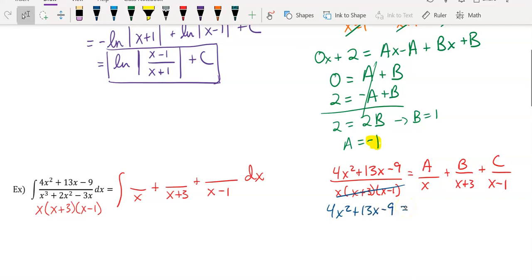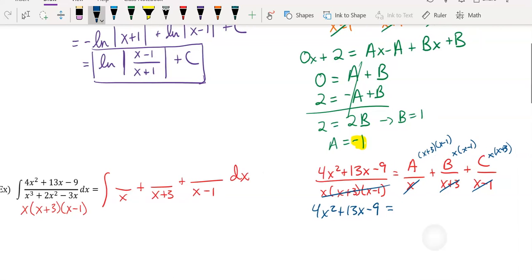And then on the right side, here my x cancels, and I have x plus 3 times x minus 1. Here, x plus 3 cancels, so I'm multiplying b by x and x minus 1. And then here, x minus 1 cancels, so I'm multiplying by x and x plus 3. So I'm not going to distribute this time because I'm going to show you another method for partial fraction decomposition.